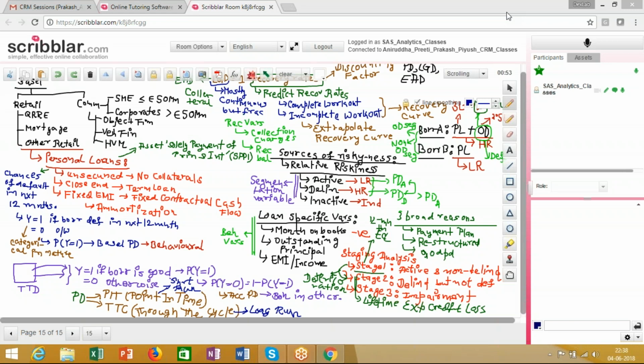Say for example, in a mortgage portfolio, we get to see a loan to value ratio. Now, the loan to value ratio is a variable which was taken at application, and that was the amount of the credit that was taken. So that's a behavior variable.